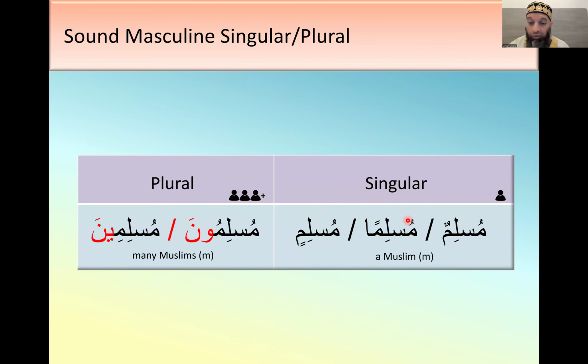So we already know that Muslimun, Musliman and Muslimin all mean Muslim. Are we happy with this one? We already should know this. Yes. Muslimun, Musliman, Muslimin all mean a Muslim.